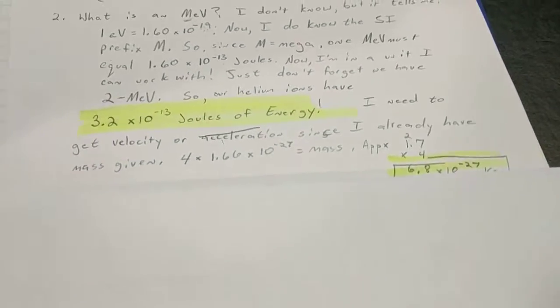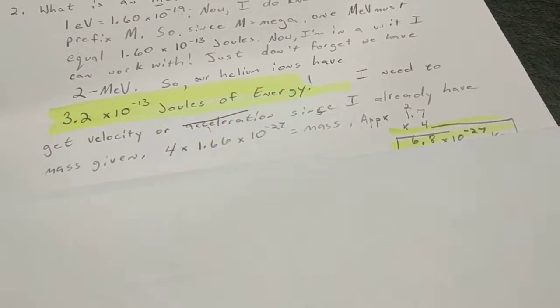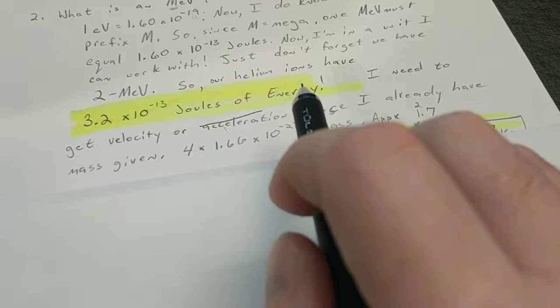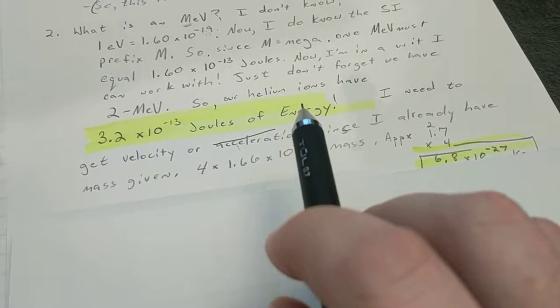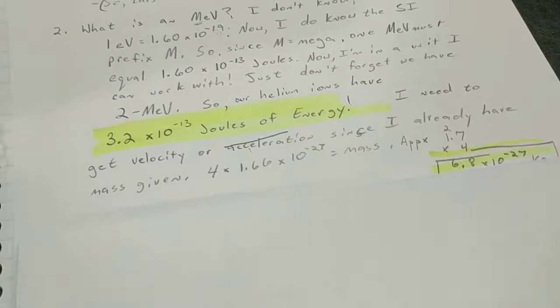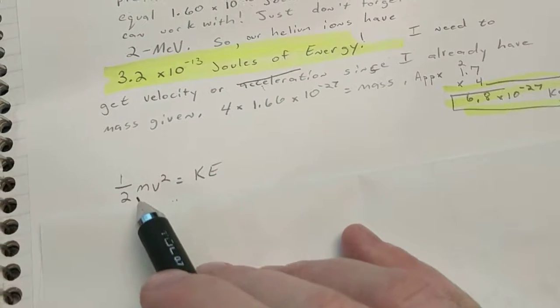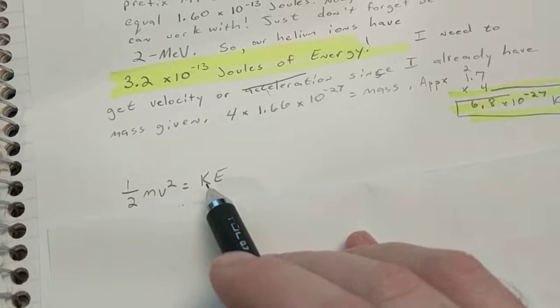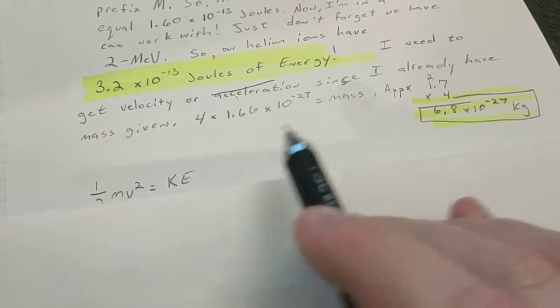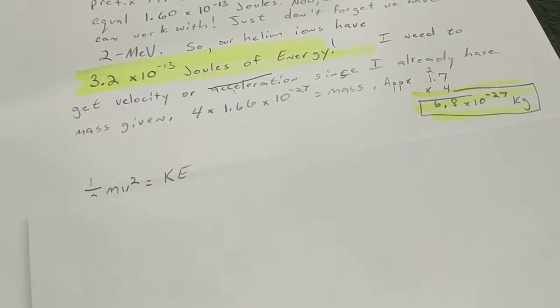How could we get the velocity? How is velocity related to what we know, which is energy? Well, if something's moving, it has kinetic energy, right? And we know that there's a formula that ties those two together. So 1/2 mv squared equals the kinetic energy. All right, so let's take a look.